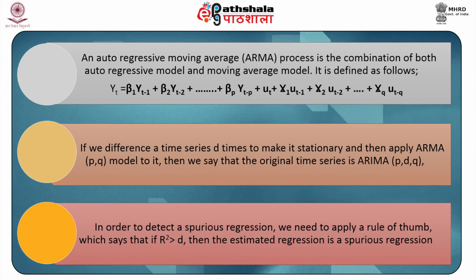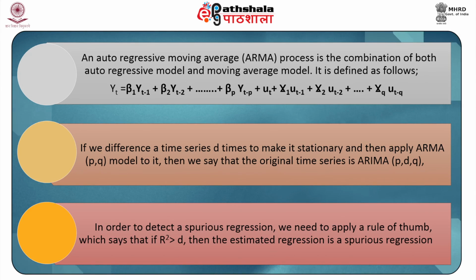Another important thing which we have learned so far is about the phenomenon of spurious regression, where we have seen how we may have spurious regression, and what we have said is if the d value is low, then we may have strong first order autocorrelation and it could lead to spurious regression results.